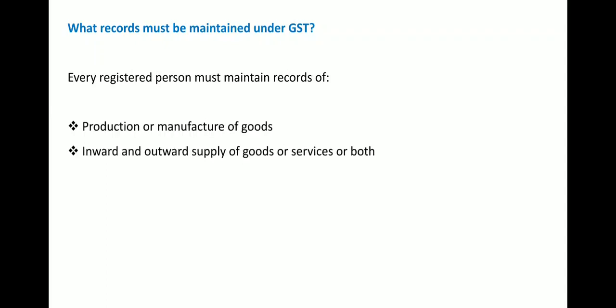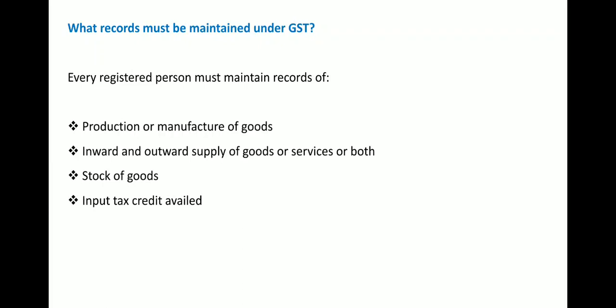And then the stock of goods: a record is to be maintained for stock of goods, in the sense of unsold goods. In order to record that, a stock of goods record is to be maintained.